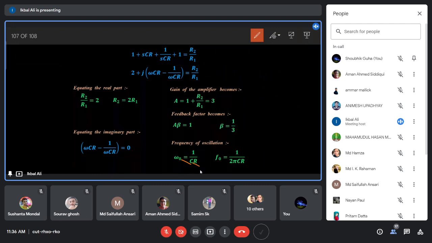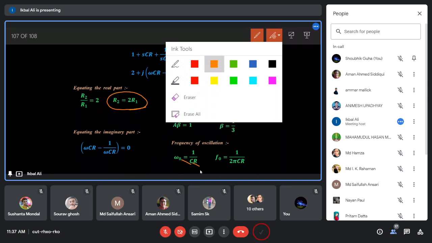And to sustain the oscillation, to get a constant oscillation at the output, you have to put this value: R2 should be equal to twice R1. For a constant or sustained oscillation, R2 equal to twice R1.